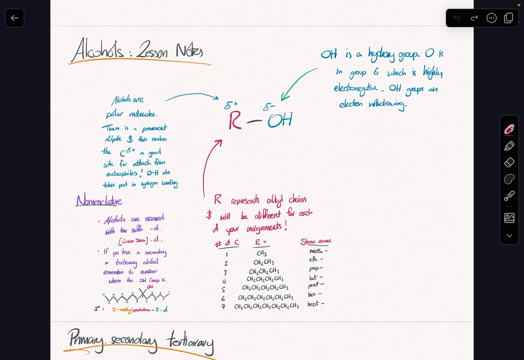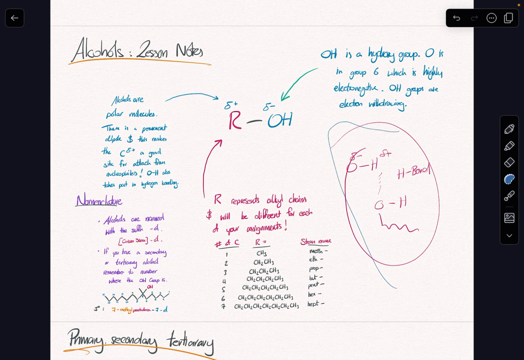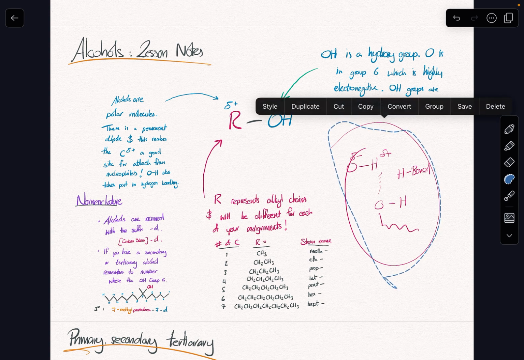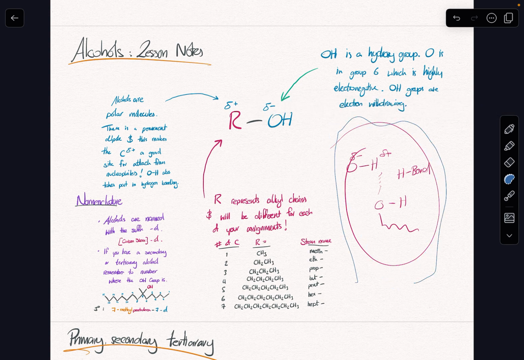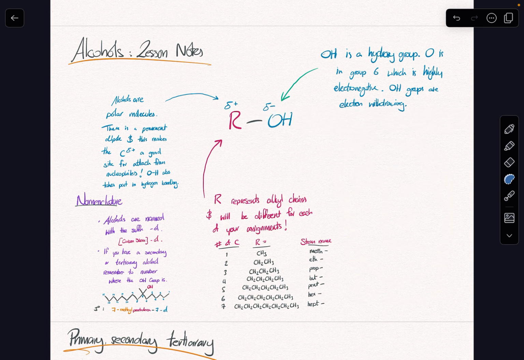Also, the OH itself is another very delta positive, delta negative shift, and that'll take part in other intermolecular bonding, and this is a H bond. So what you'll find with alcohols is that they tend to have much higher boiling points and melting points because they take part in H bonding. That doesn't make a difference to our reactions, it's just some physical properties that you might want to know about.